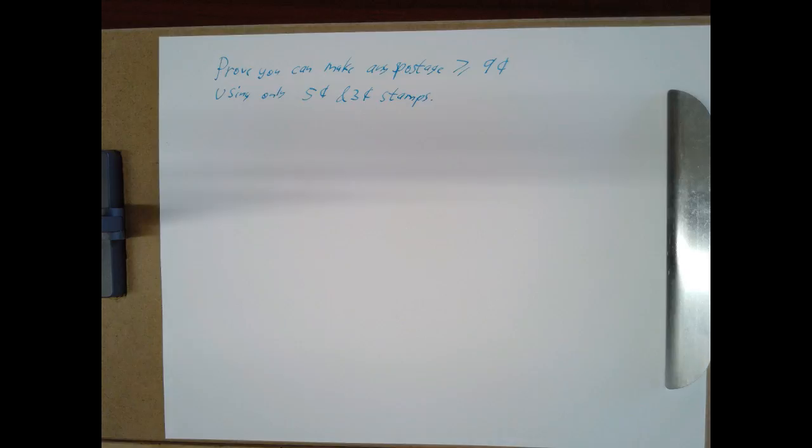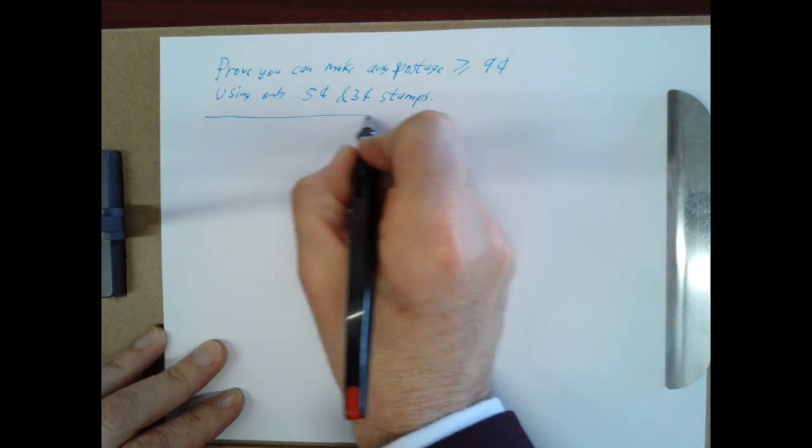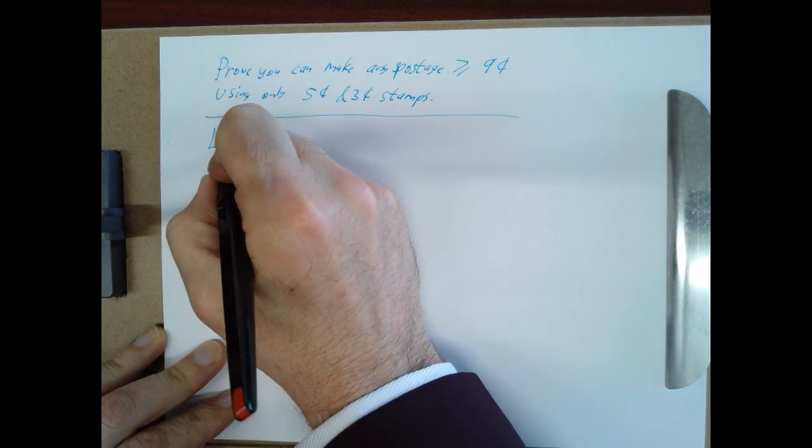So we could make this very mathematical, right? We could solve the equation n equals 5x plus 3y, where n is bigger than or equal to 9. But let's keep it informal and just talk about this in plain words and see how we can use induction to do the rigorous part. So we need a proposition.